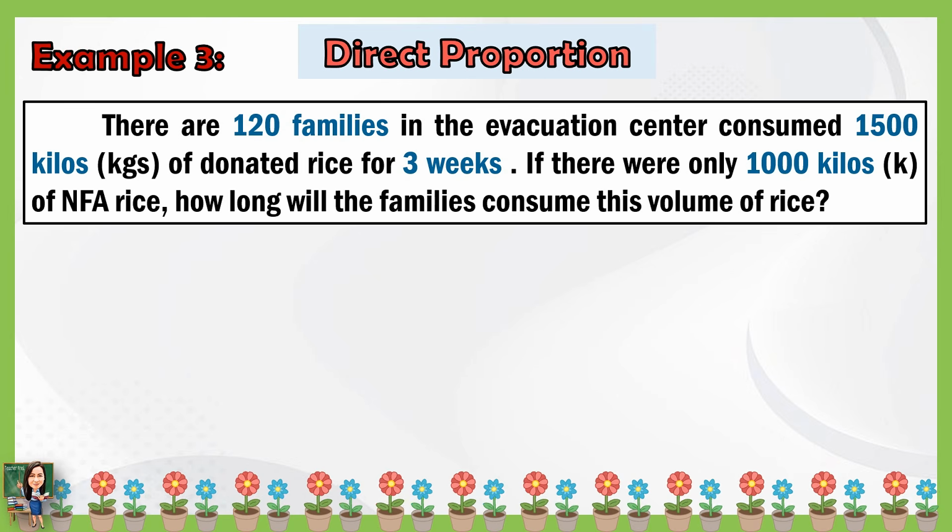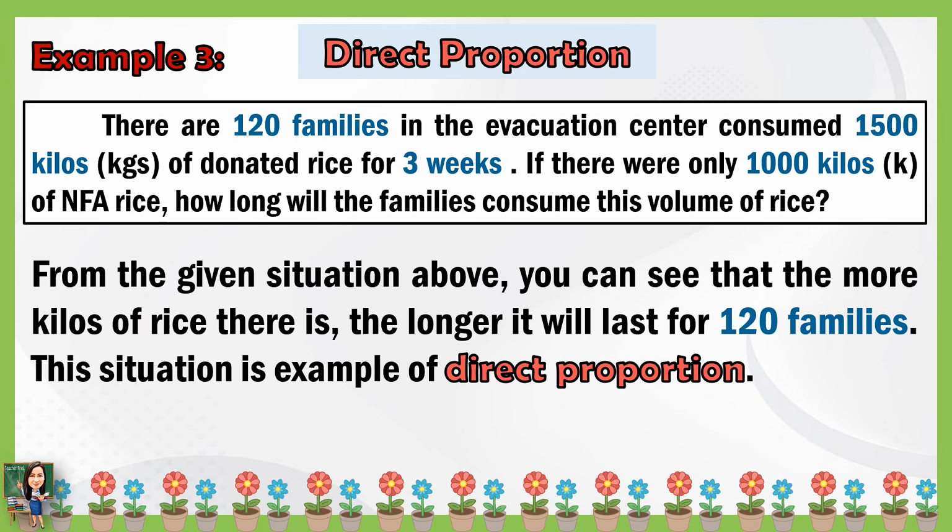If there were only 1,000 kilos of NFA rice, how long will the families consume this volume of rice? From the given situation, you can see that the more kilos of rice there is, the longer it will last for 120 families.